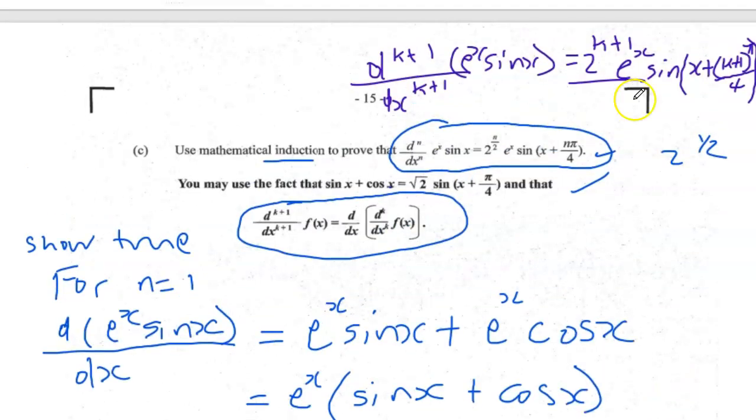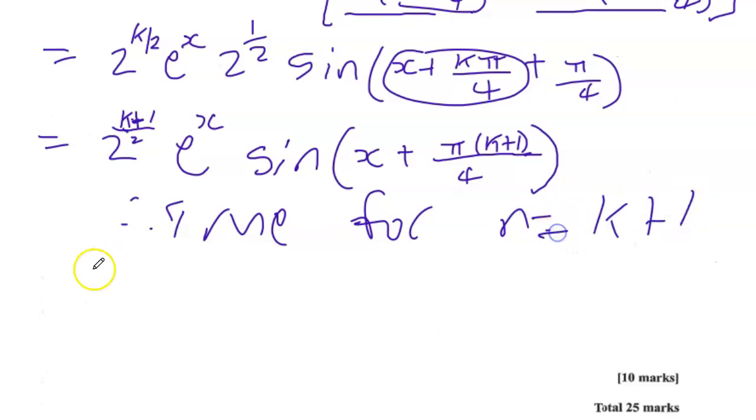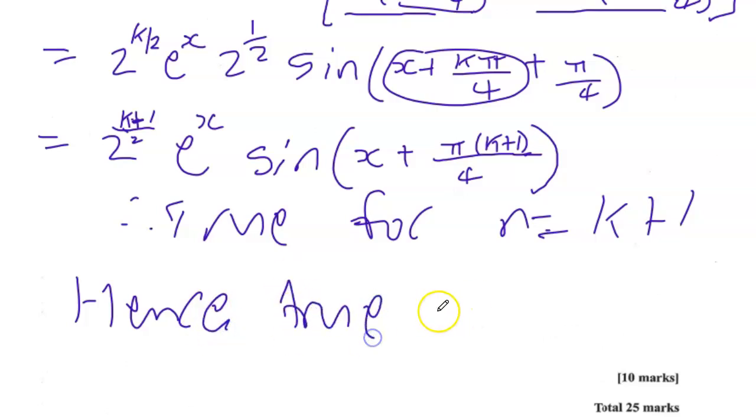The formula replaces n with k plus 1, so it'll be 2 to the k plus 1 over 2 e to the x sine x plus k plus 1 pi over 4. So we're getting the exact same thing. Therefore, true for n equal to k plus 1. Hence, true for n, and usually for n greater than or equal to 1. Let's move on.